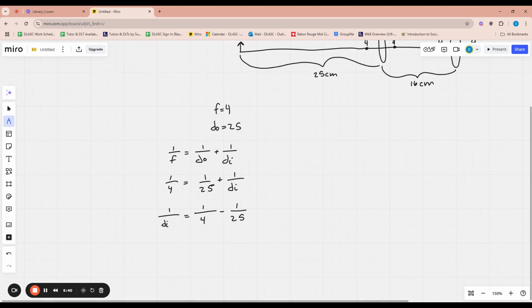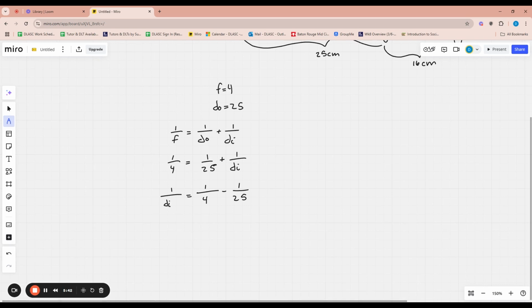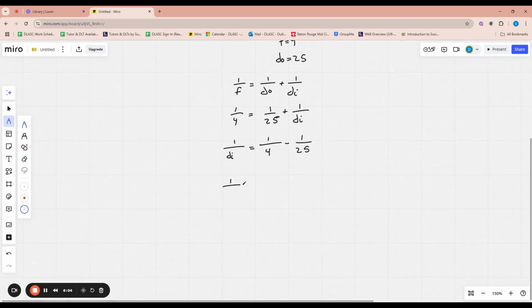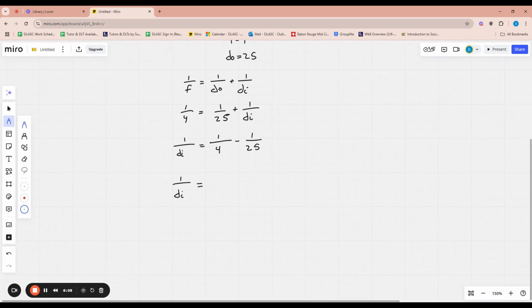So now we can solve for d_i. I do not have a calculator on me, so let's work it out. 1 over d_i is equal to, and to subtract fractions, they need to have a common denominator.